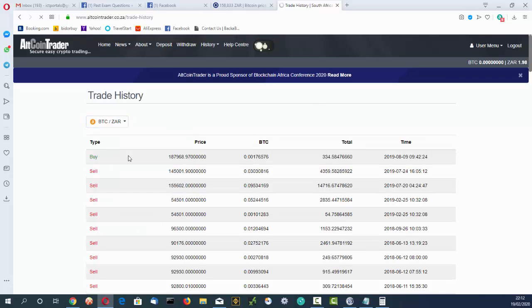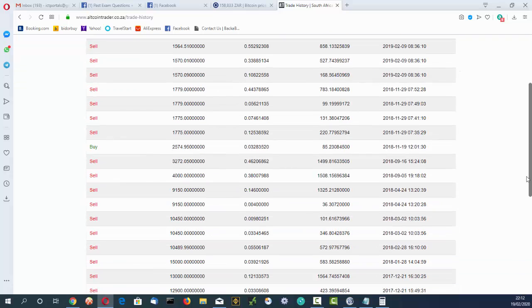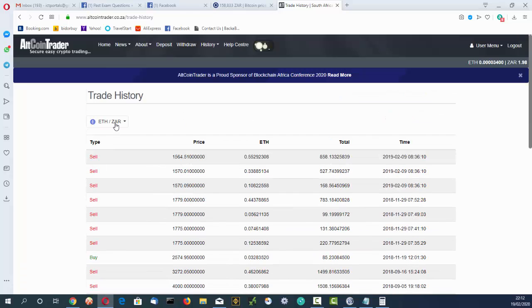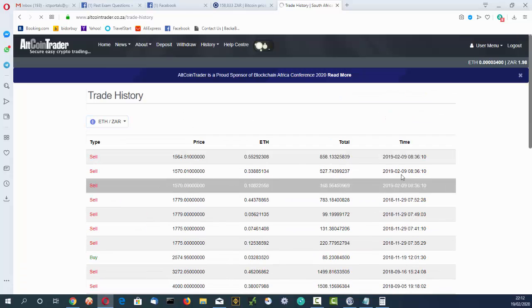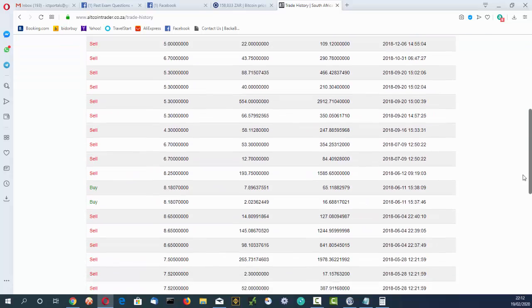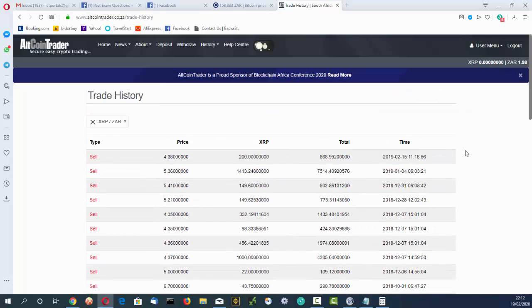I think Ethereum, I traded, you can see Ethereum, these are all my trades on Ethereum too. You can see 2016, 2017. I think Ripple, I always trade Ripple here as well. You can see 2019, 2018, 2017. For sure, I've traded up to 2 million, if I can remember vividly, on this platform.